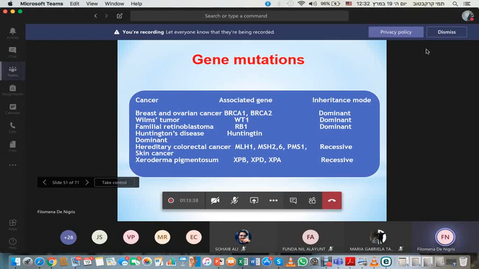So this mutation, on the basis of guidelines, can give the patient the opportunity to have surgery before the tumor can develop. In this sense, this kind of marker is useful to screen the population.